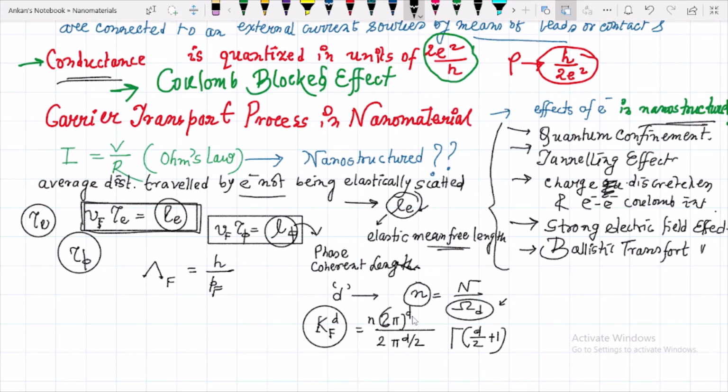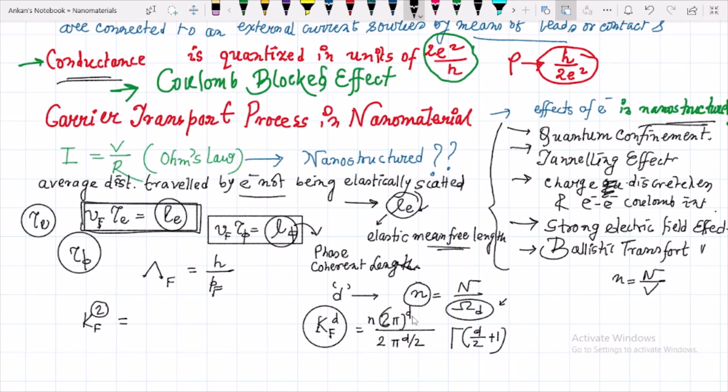Omega d term is similar to the volume term in 3D. In 3D we can get the number density as N by V, but in the case of d dimension you can get this. So here you can find k_F for two dimensions, not the square, for two dimensions.